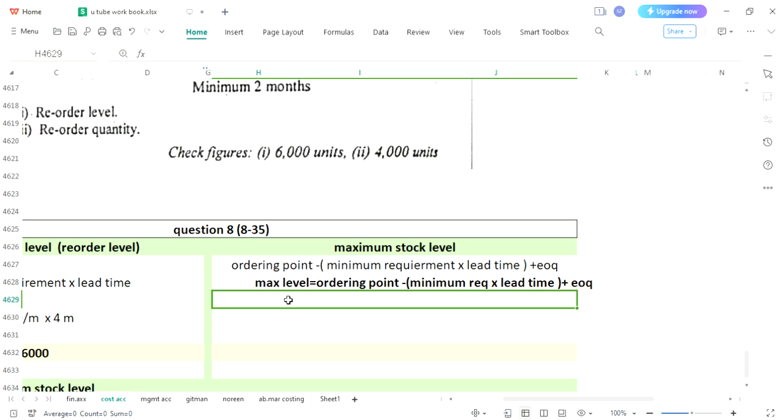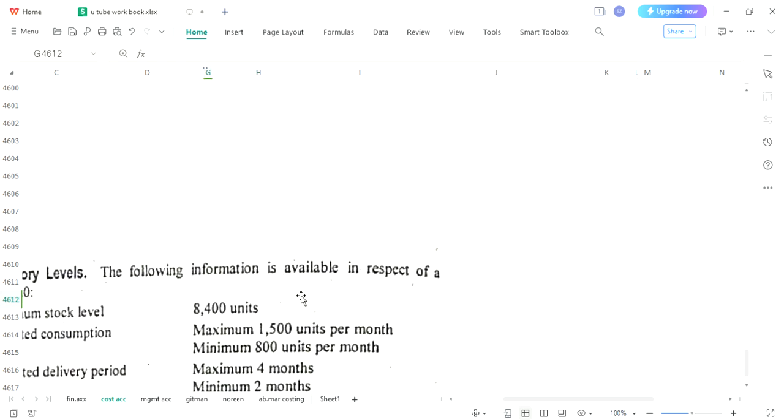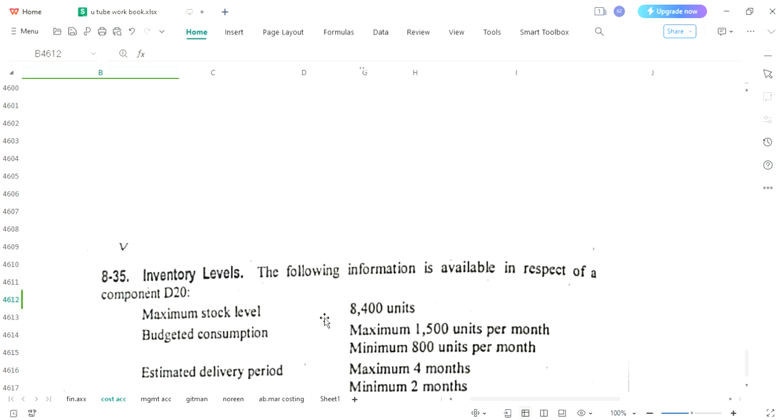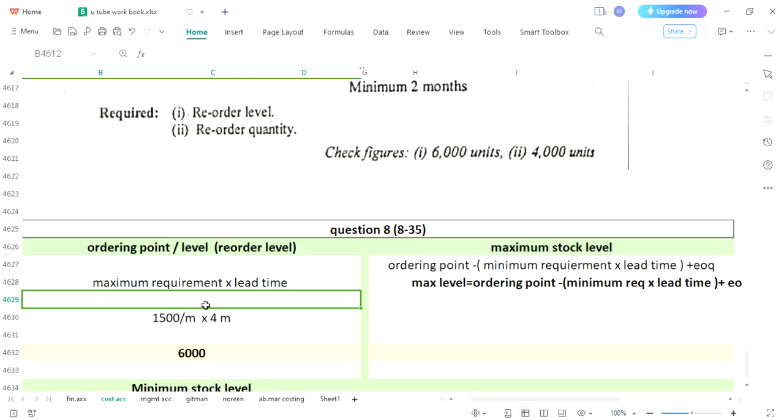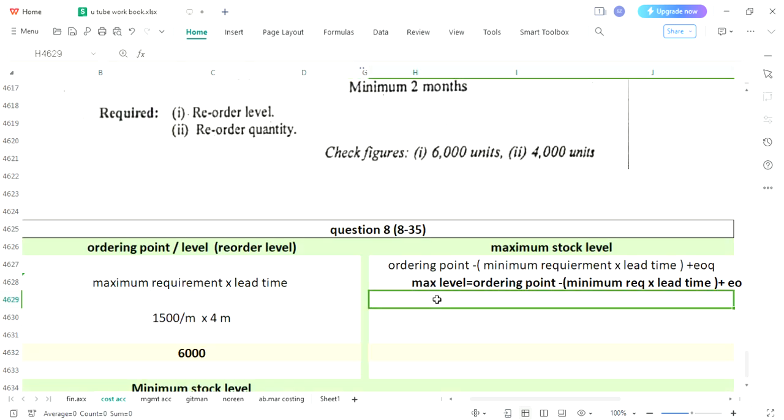in this formula. Maximum level is given in your question. Look, I have mentioned earlier as well, there are two: maximum requirement and maximum stock level. So 8400 is maximum stock level, and you can put 8400 in place of maximum level. Please follow this formula. We have is equal to, and then we have ordering point.